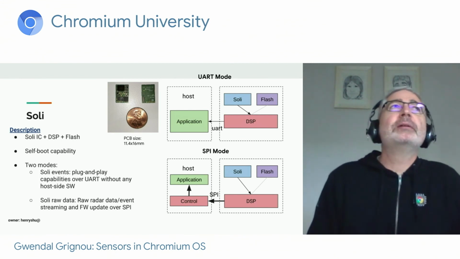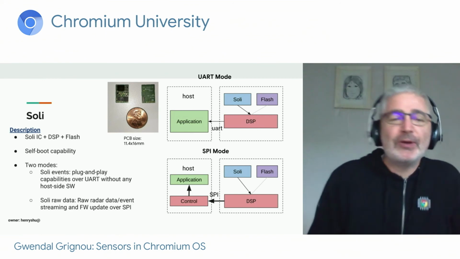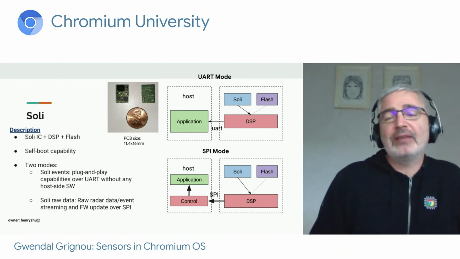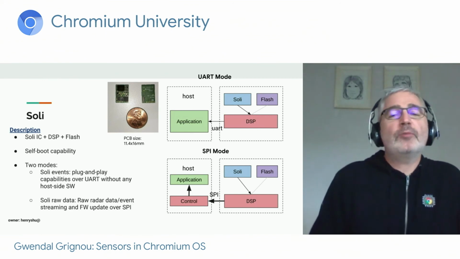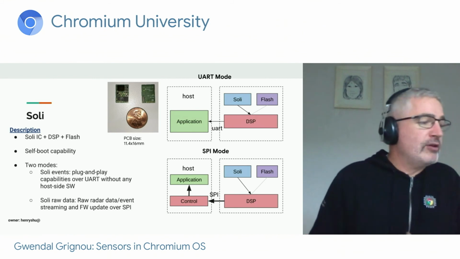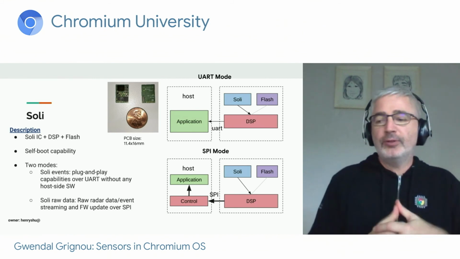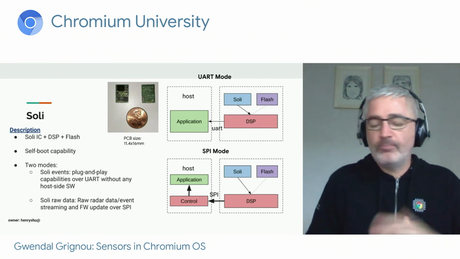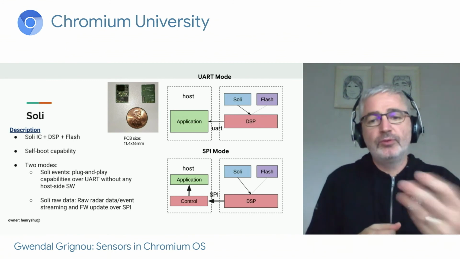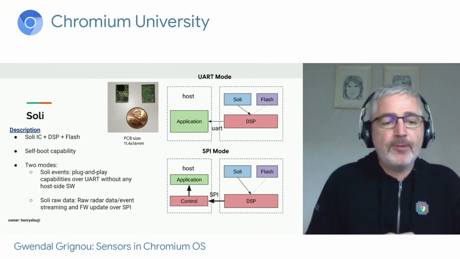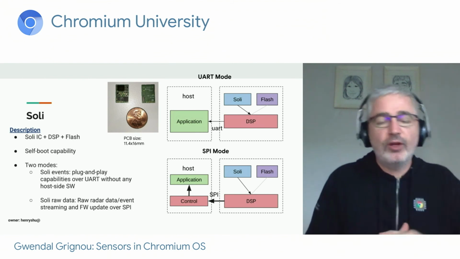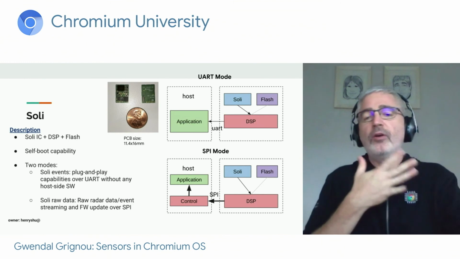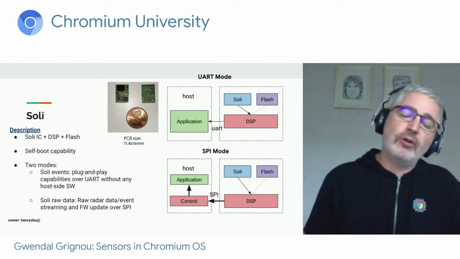I would say the one big challenge is the machine learning. For example, right now we have SOLI working on a Pixel phone, and the distance to wake up or lock the device is around 1 meter, but for a Chromebook that doesn't make sense.